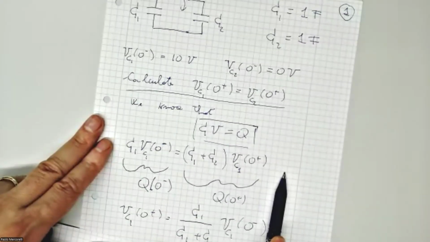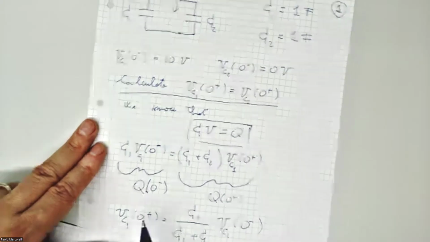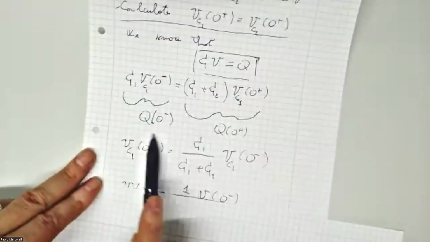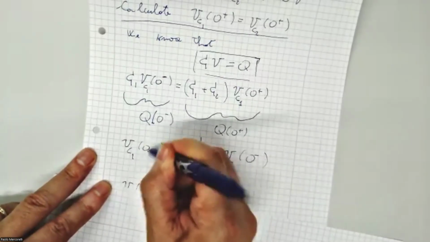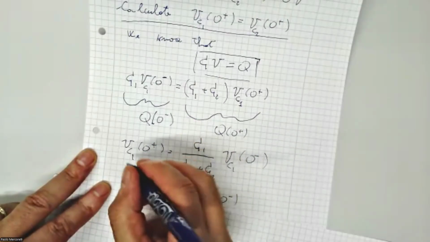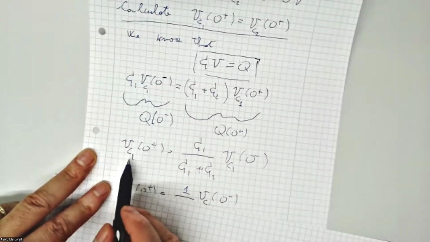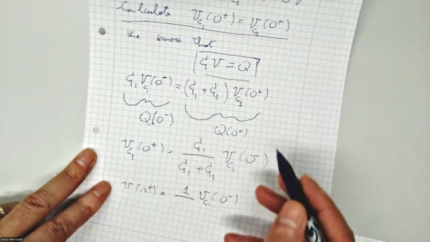But this now is easy to calculate: VC1 at time 0 plus. Please pay attention. I like this notation because this is unknown, because 0 plus is unknown. In some books, they write VC1x, but I like this better. It's ready. This is the solution.